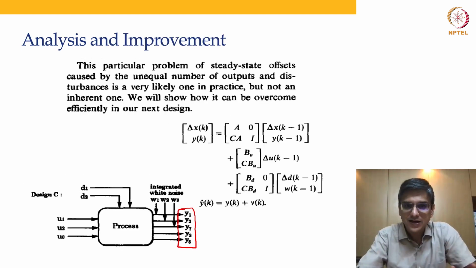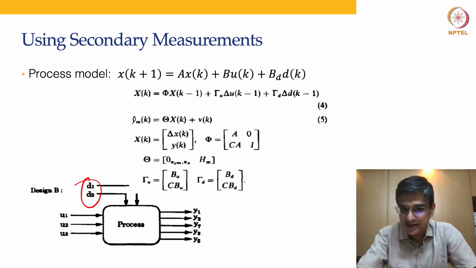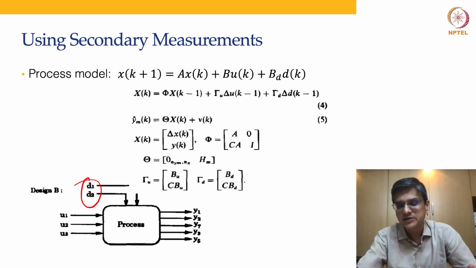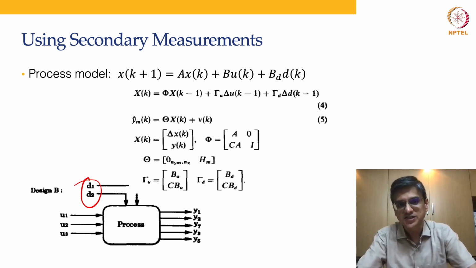I would like to go back a couple of slides. One mistake that I had made over here. What I had mentioned, if I'm not mistaken, is that D1 and D2 are not observable from the measurements. That was incorrect. D1 and D2 indeed are observable from the measurements. If D1 and D2 are modeled as integrating white noise, we will be able to estimate the disturbance states from the measurement. Why will we be able to estimate? Because we have the GD models that are stable models.